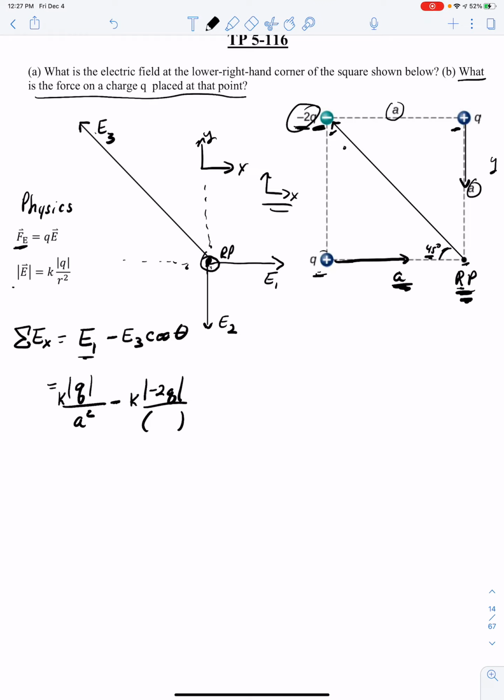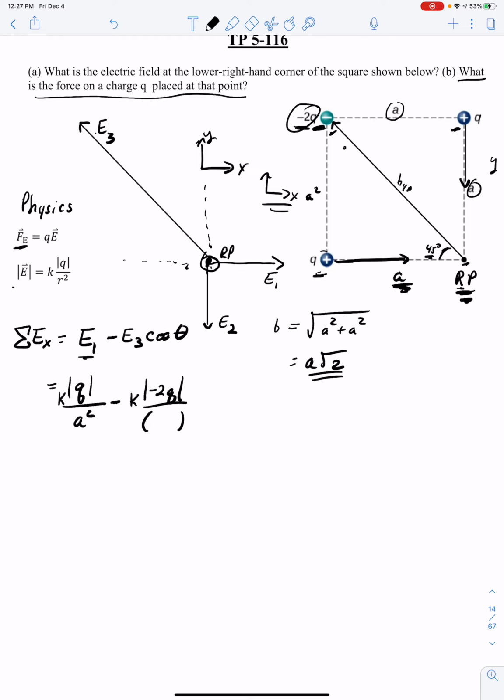You can do the Pythagorean theorem to solve for the hypotenuse, which gives you a squared plus a squared, and that is going to be a square root of 2.